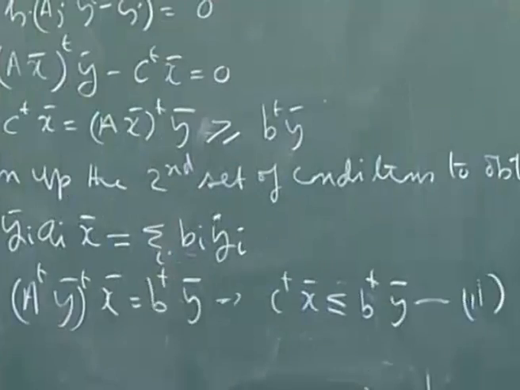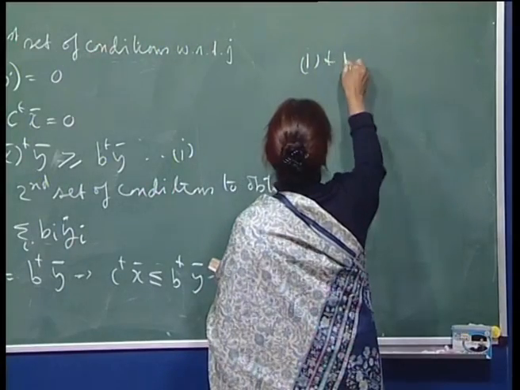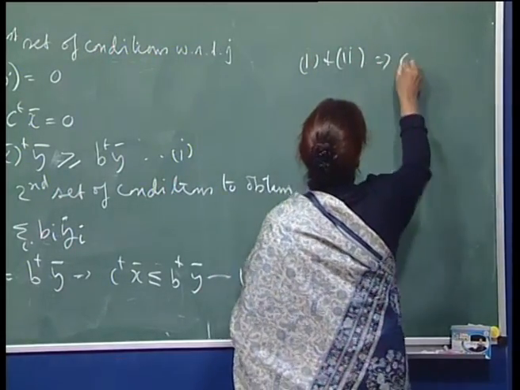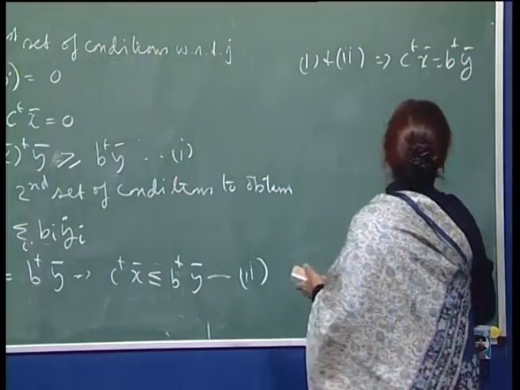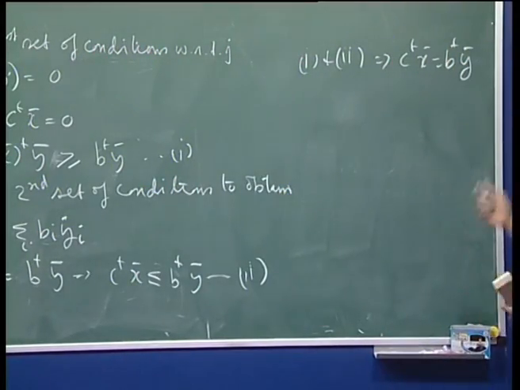So, 1 and 2 imply that c transpose x bar is b transpose y bar. Okay. And so, what does it follow?